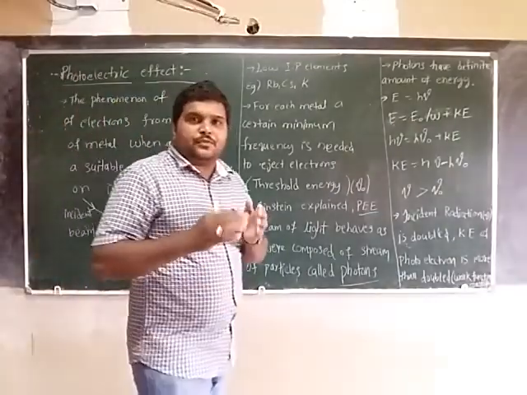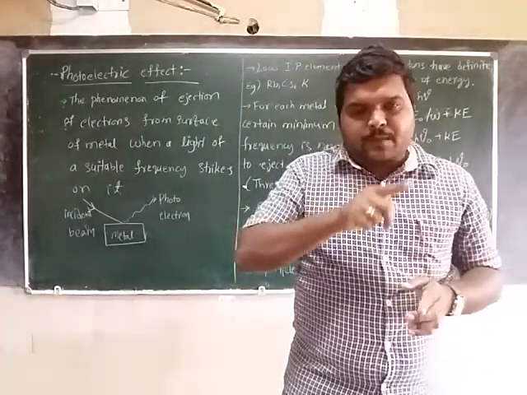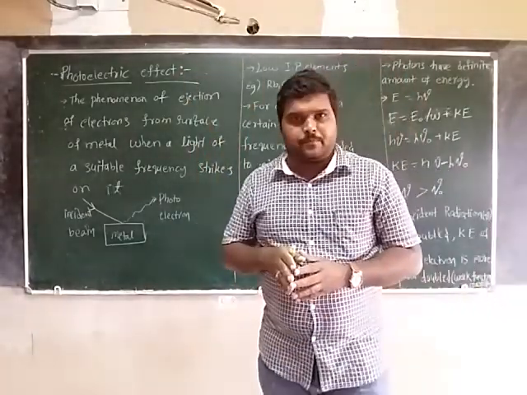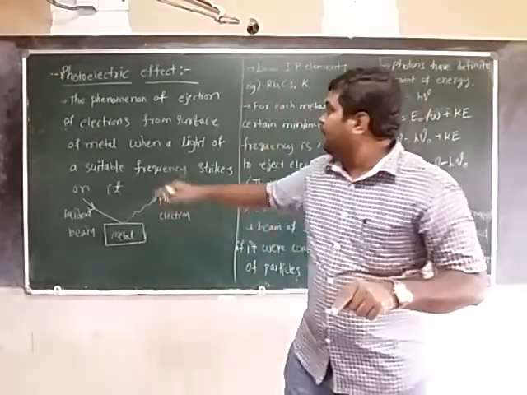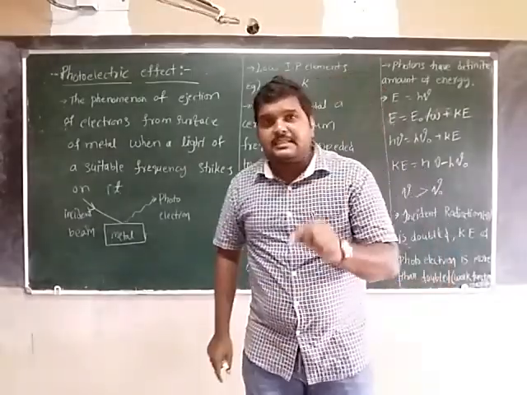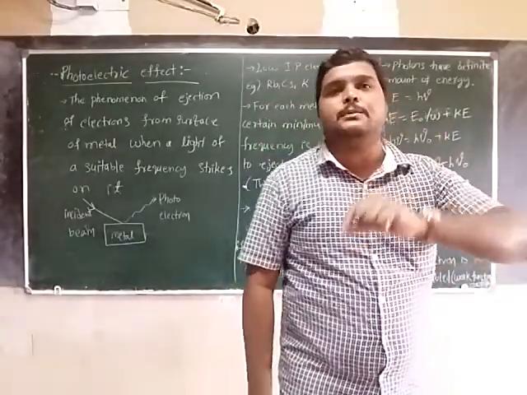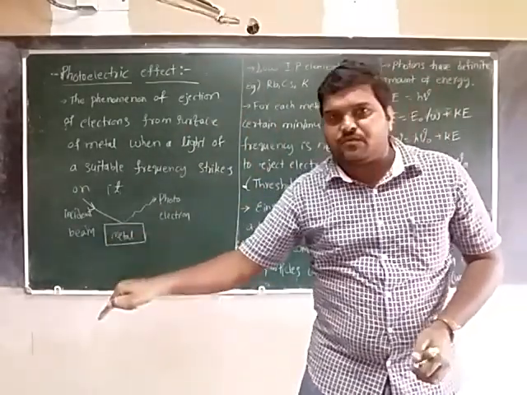The phenomenon of ejection of electrons from the surface of the metal. We are removing the electron when a light of suitable frequency is applied on the surface of the metal.